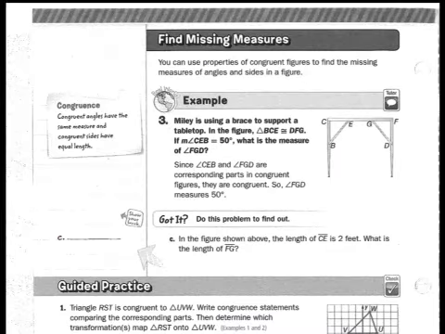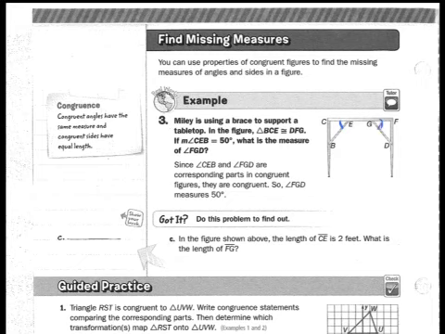Okay, our last example, number 3. Molly is using a brace to support a tabletop. In the figure, BCE is congruent to GFG. If the angle CEB, so we're talking about this angle right here, is 50 degrees, what's the measure of angle FGD?